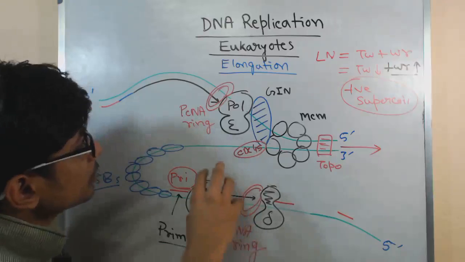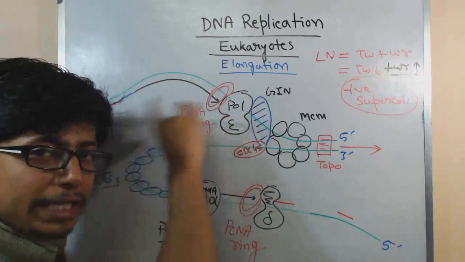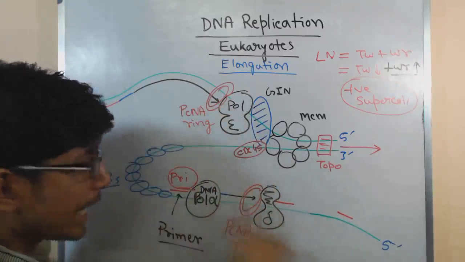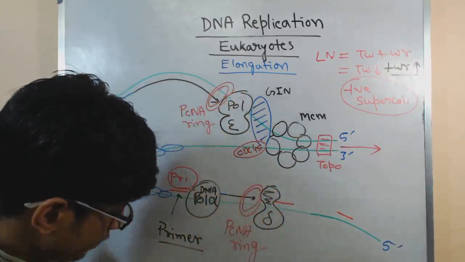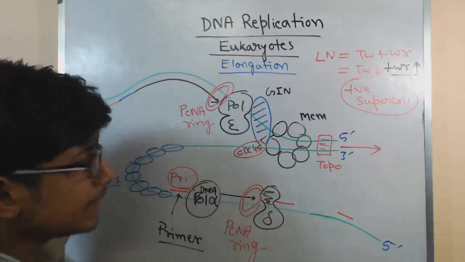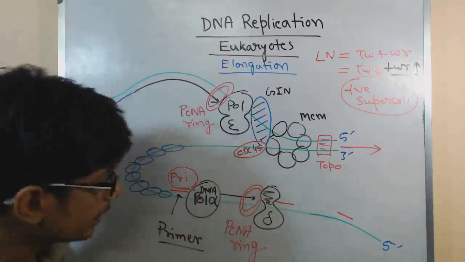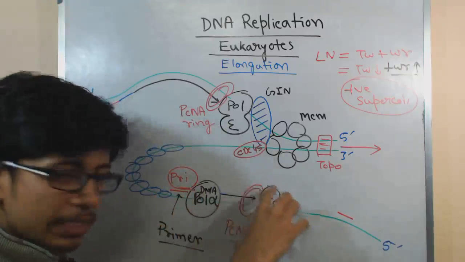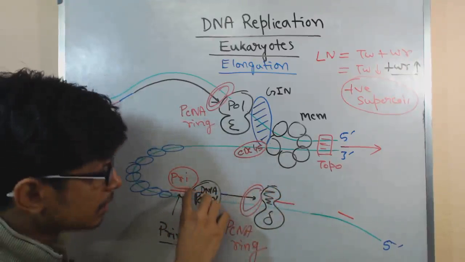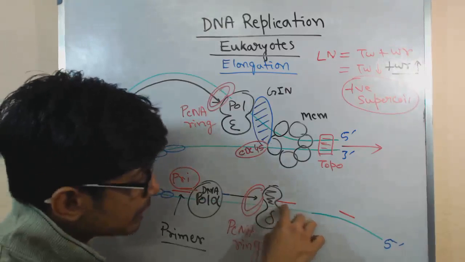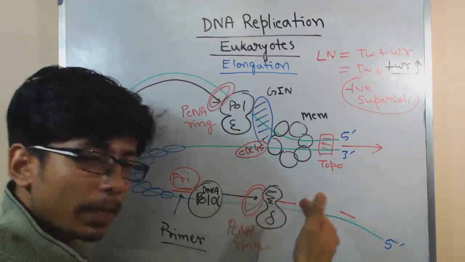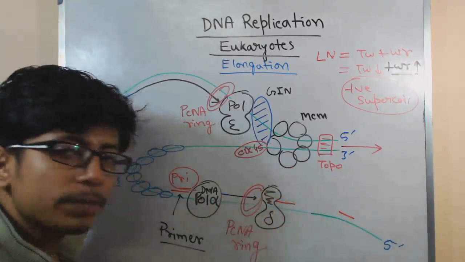So polymerase epsilon for the leading strand, polymerase delta for the lagging strand, but both of them have this PCNA ring, right? But remember, the synthesis process is different in the lagging strand, because this polymerase delta will start adding nucleotide sequences, and once it is in direct contact with the upcoming primer, the last primer, it will stop the synthesis again.